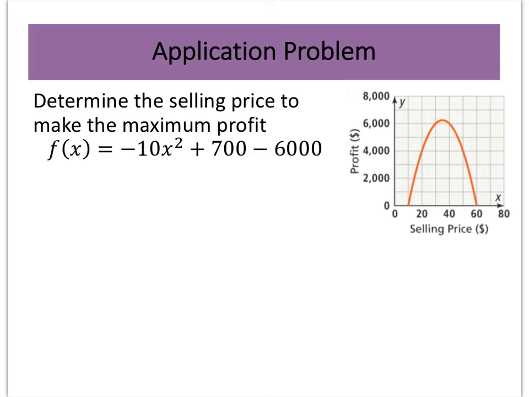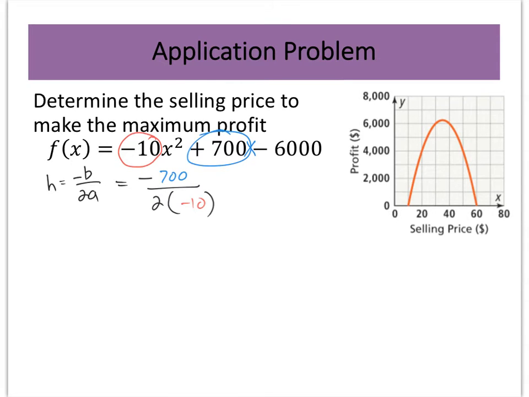Well, in class, we learned the formula to find the vertex, and so we're looking for the h value, which is the x value of the vertex. We knew that that was negative b over 2a, and here, the a value is negative 10, and the b value is 700, and there should be an x there, my mistake. So it's negative b, and b is 700, so negative 700, divided by 2 times a, and a here is negative 10.